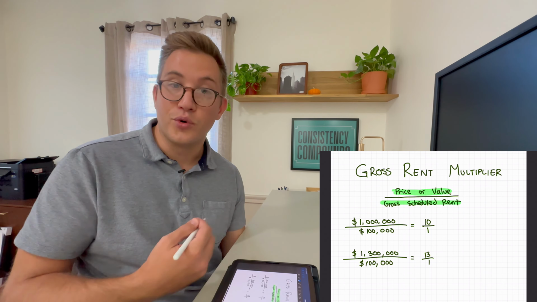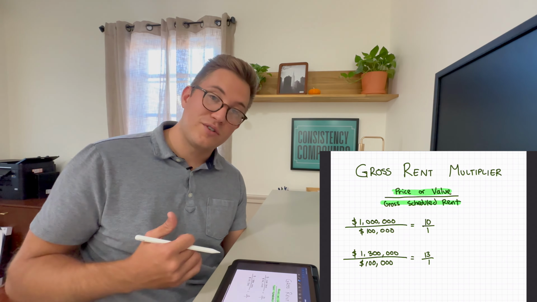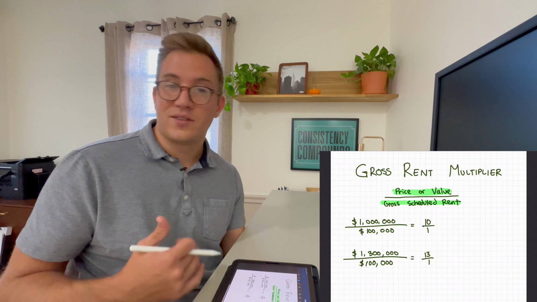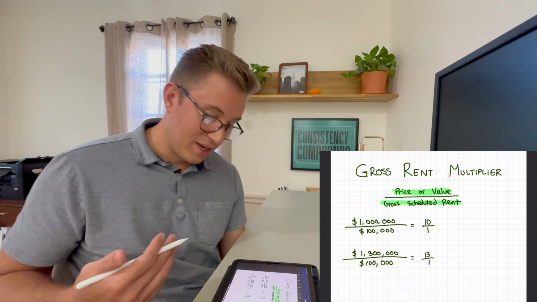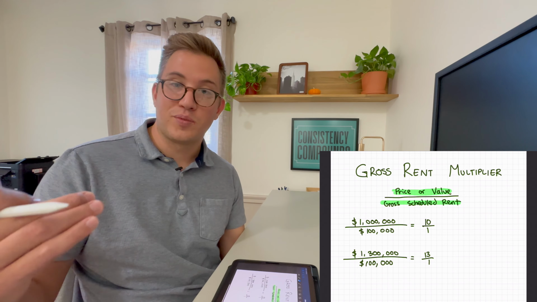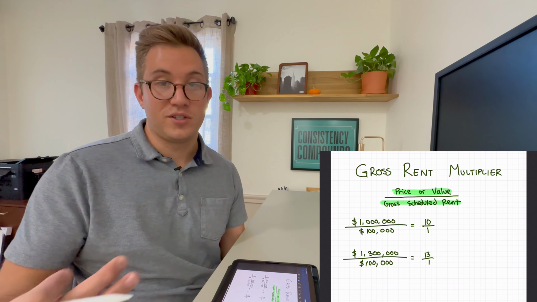As you can see, both of these properties generate $100,000 a year in gross scheduled rents, but one is priced $300,000 higher, and it has a higher gross rent multiplier. So in general, the higher the gross rent multiplier, the less income that you're making relative to the purchase price.